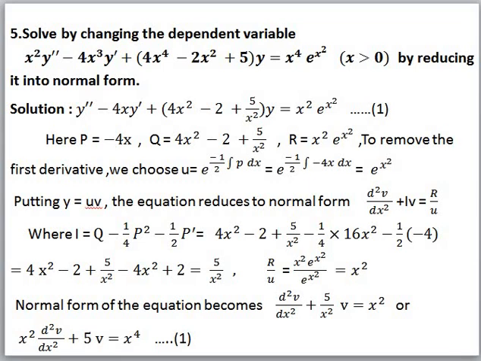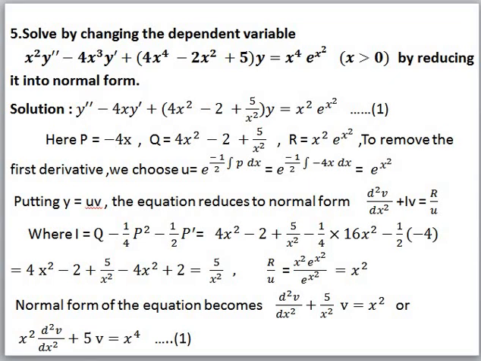So I is equal to 4x² minus 2 plus 5 by x² minus 4x², and minus into minus gives plus 2. On simplifying, minus 2 plus 2 cancel, 4x² minus 4x² cancel, and we get 5 by x².